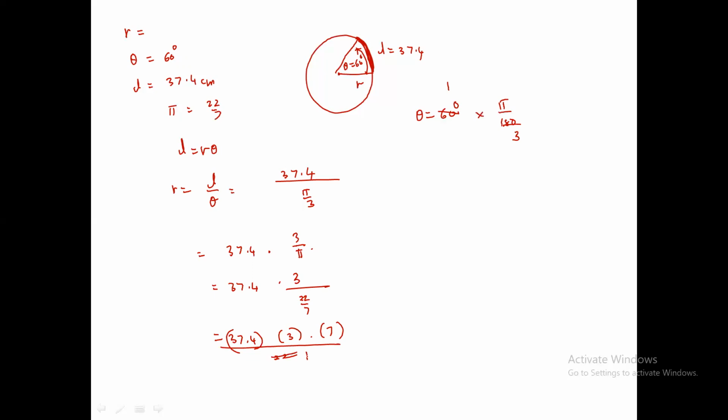Or I can write 2 11s are 22, 11 ones, 11, 7. So 3.4 into 7 is 0.7. That means it is 21 into 1.7, or 35.7 centimeters. This is how I could find the radius.